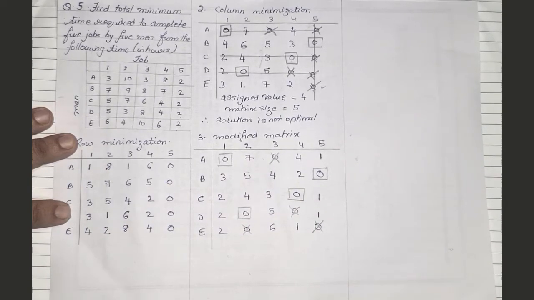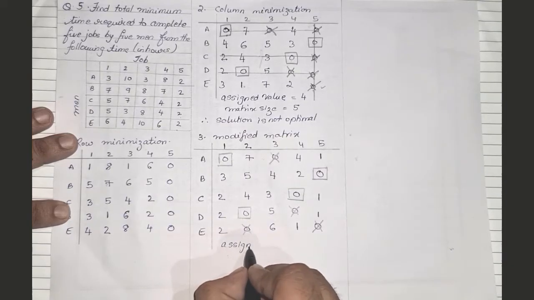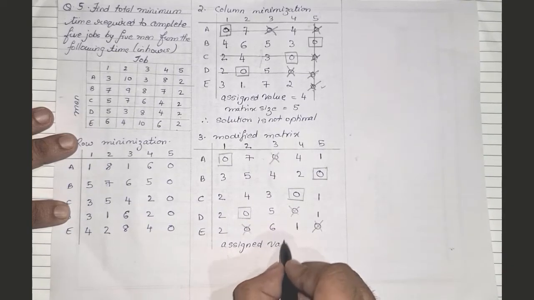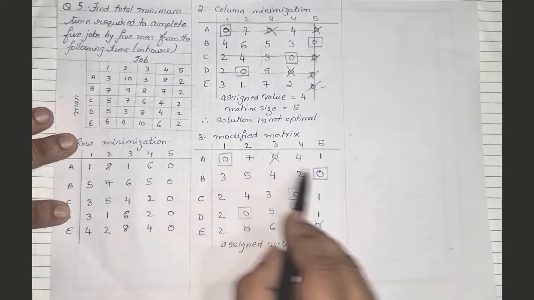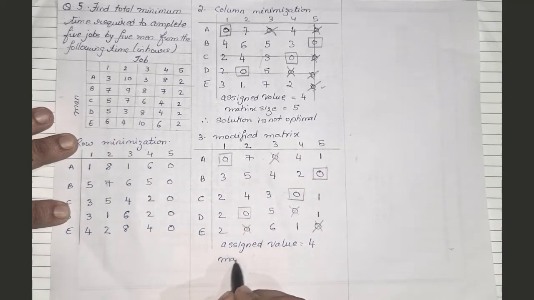Okay, so our next step is again we check the assigned values. So our assigned values 1 2 3 4, again our assigned value is only 4, and our matrix size is 5. Therefore still the solution is not optimal, so we'll write therefore the solution is not optimal.